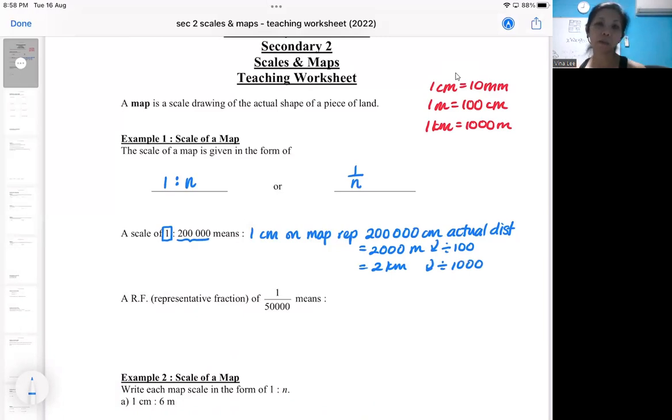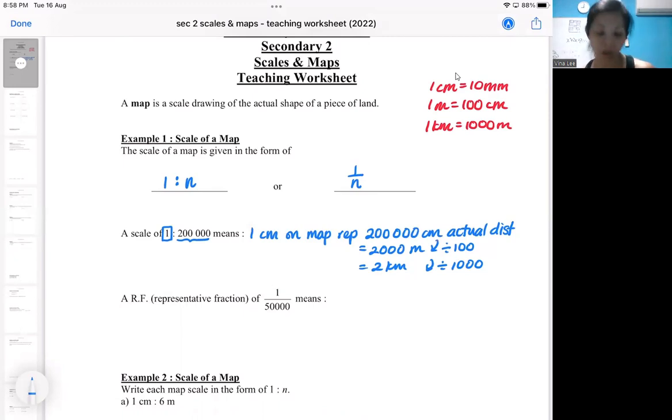So maybe it's easier to understand that every 1 centimeter, your parents actually need to drive 2 kilometers. Or if you use Google Map for walking, 1 centimeter means you have to walk 2 kilometers. That's quite a lot. So just be mindful that we can switch between units for the actual distance.